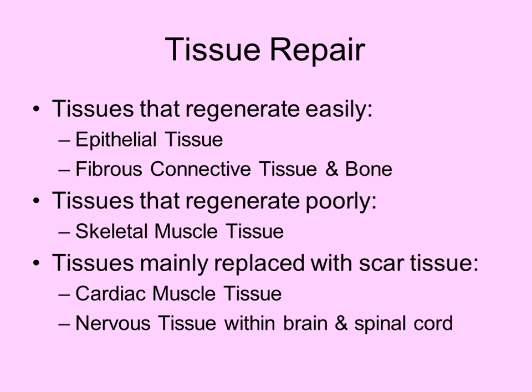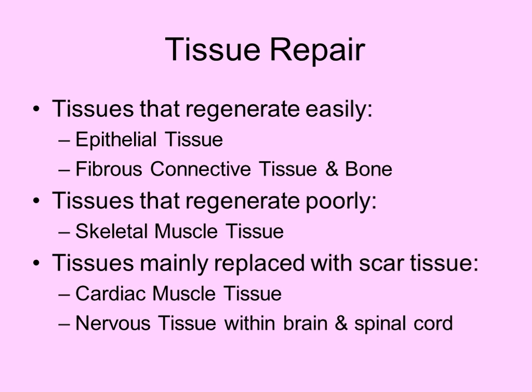Your skeletal muscle, on the other hand, if that was involved in an injury, you're likely going to develop some sort of scar tissue, dense connective tissue in place of that skeletal muscle. Also, things that don't really regenerate very well and will likely form some scar tissue is your cardiac muscle tissue and your nervous tissue.